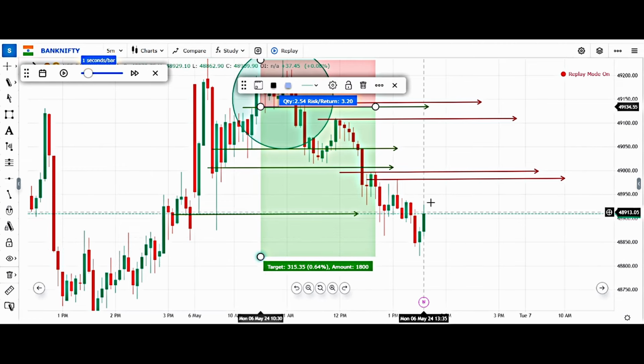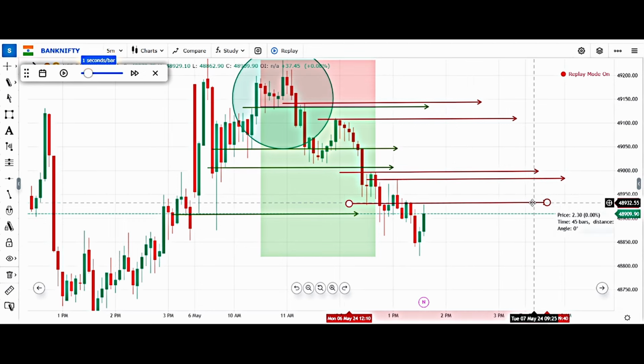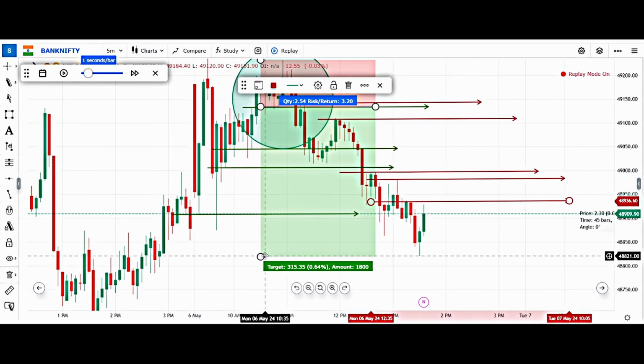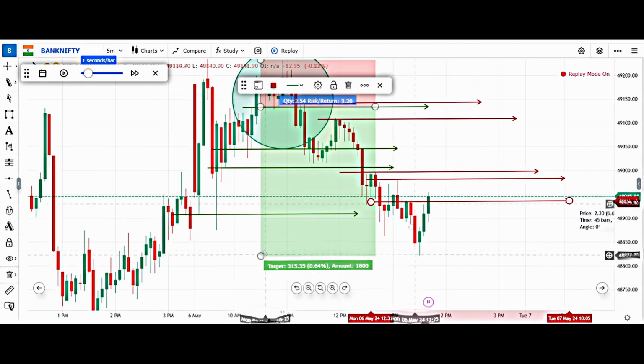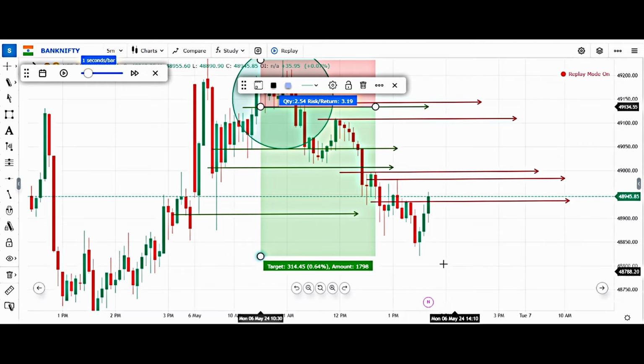So once this candle closes, as the resistance has moved down, in this case you got 1:3. I will tell you how to trail it. I will tell you what is the perfect entry. There is a hidden secret at the end that will give the ideal entry to you.